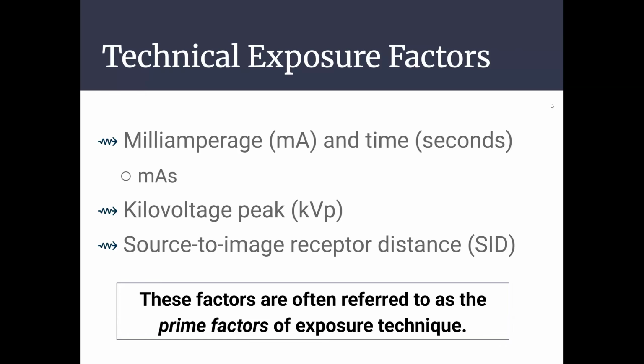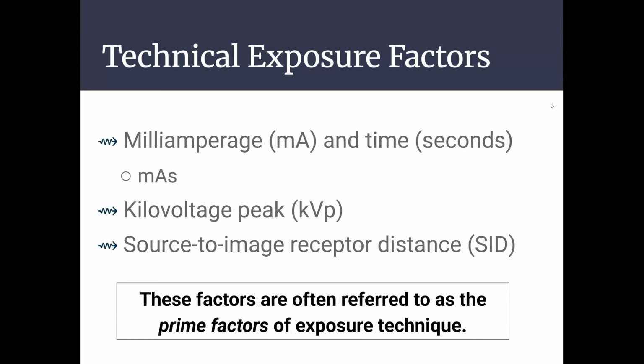The next factor that we use is kilovoltage peak, so voltage. I told you that when we apply voltage to the tube, it's going to push the electrons across the tube to hit the target. So that's our second exposure factor, the voltage, or in this case, we use kilovoltage. Okay, it is referred to as kVp. So mAs and kVp.